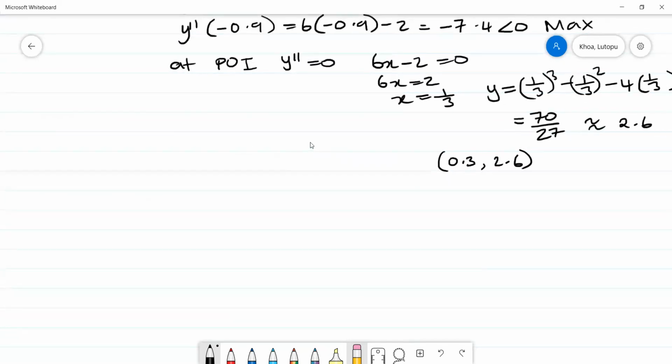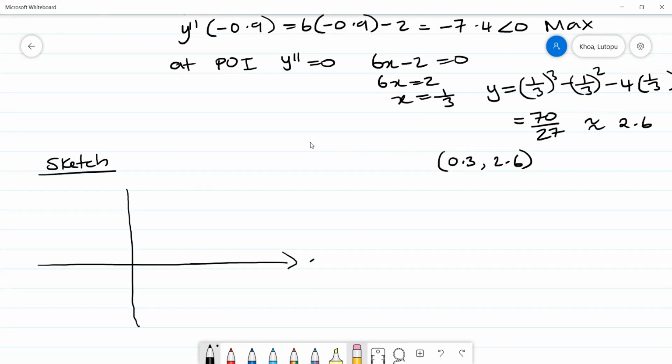Okay, so now for the sketch. Remember all those things that must be shown on the sketch: the x-axis labeled, the y-axis labeled. I have my intercepts.